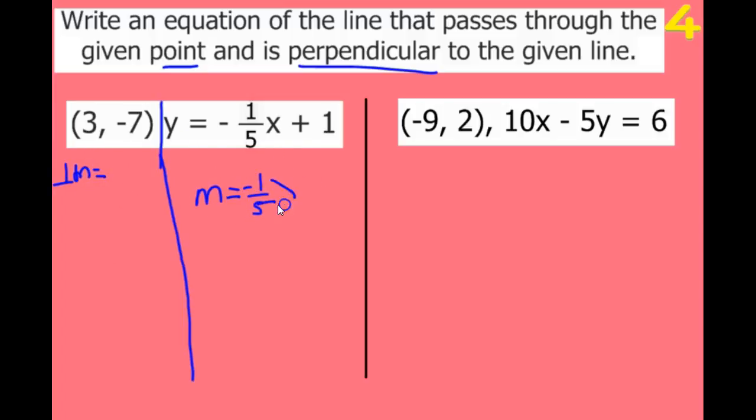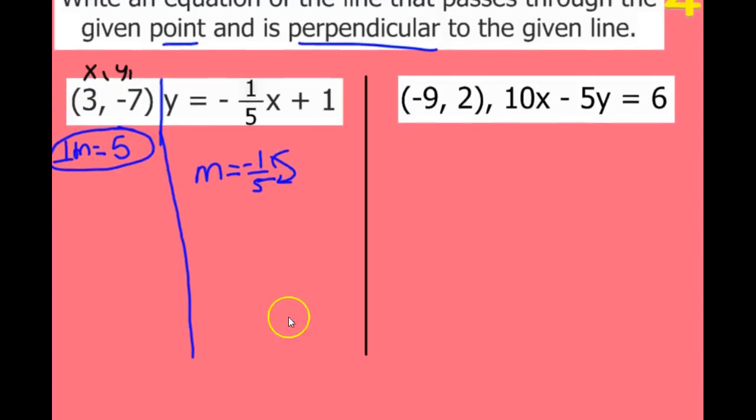Instead of 1 over 5, it would be 5 over 1, or just 5. So I'm going to use my point, x, y, and my slope to write an equation of the line. I'm going to start off with point slope form because I have a point and a slope, just like we did for parallel lines. The only difference is our slopes are opposite reciprocals.